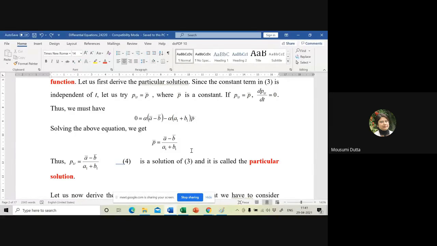So P bar is one of the solutions of P t, since it is the equilibrium price. Is it clear?